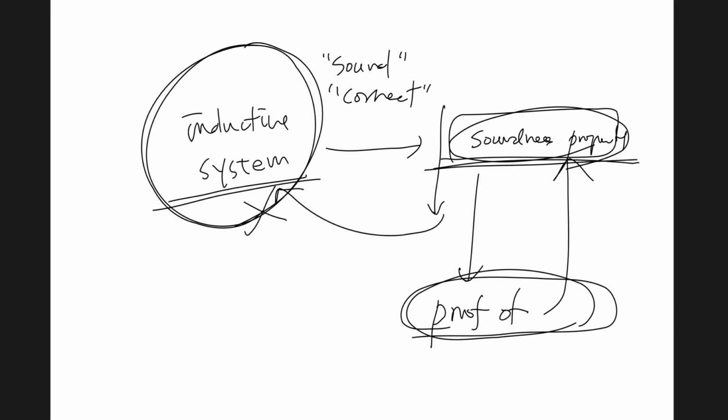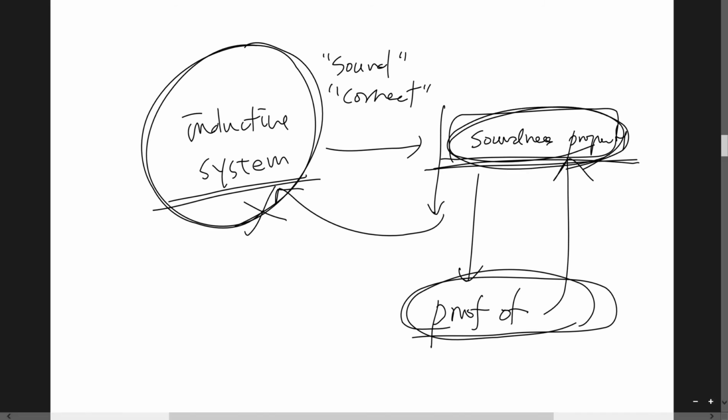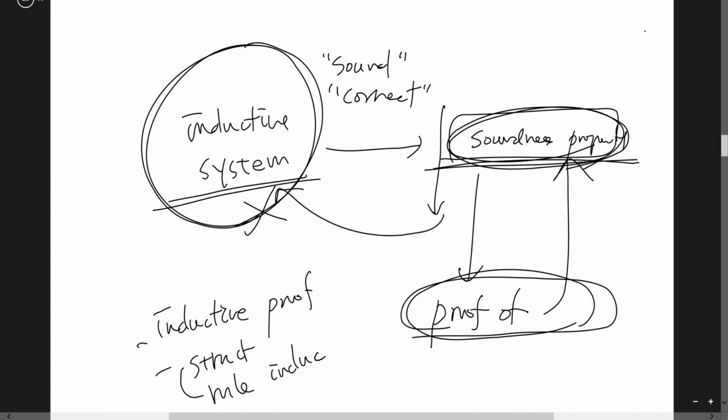But nevertheless, it's going to be very useful because by trying to prove several soundness properties, you can gradually increase your confidence in the correctness of the system. And in order to prove this soundness property, you need these techniques, inductive proofs, like structural induction or rule induction.